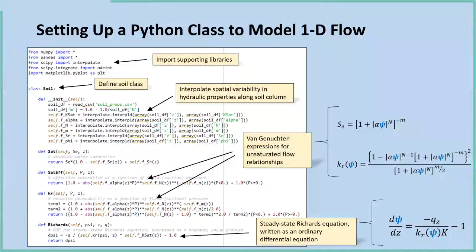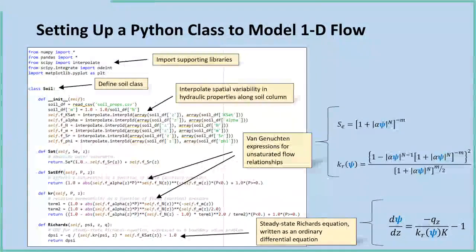A class is defined here, which handles the unsaturated soil hydraulic properties and also defines the Richards equation. When the soil object is first created, an external delimited text file is read that contains saturated hydraulic conductivity values as well as various empirical expressions for relative permeability and saturation as a function of elevation. The interpolation function within the column.